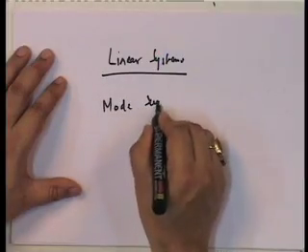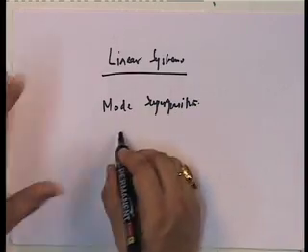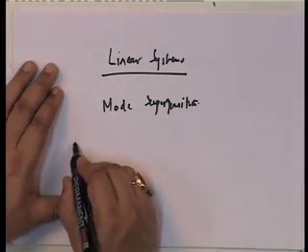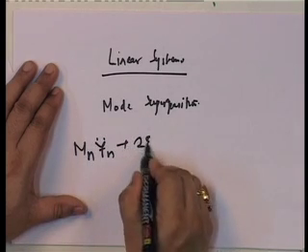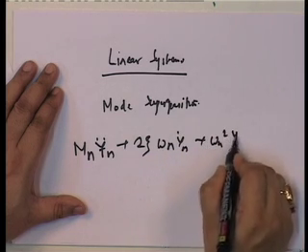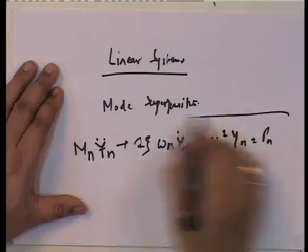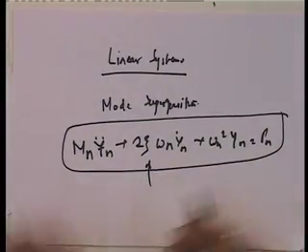Because you will always use mode superposition, and then this is the problem that you solve, where you take xi as the same in all the modes. Okay? You take xi as the same in all the modes.